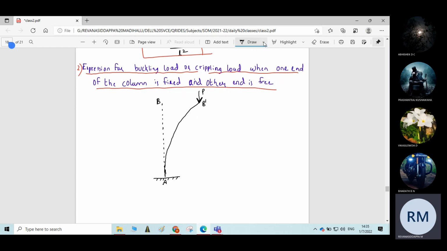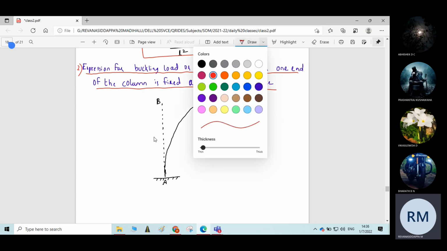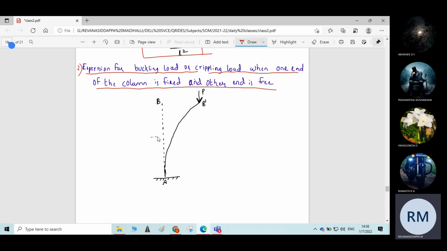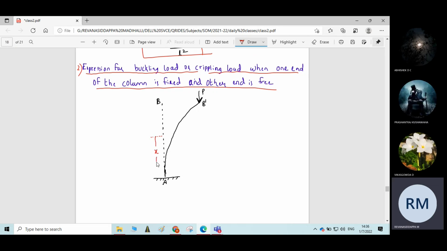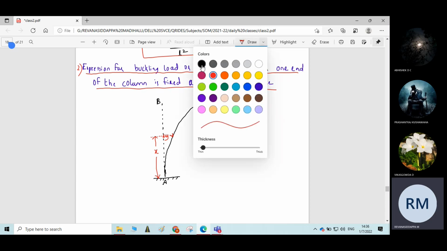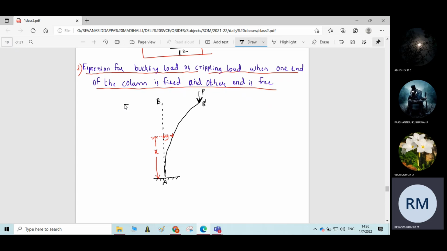Similarly here also, as in the previous derivation, you consider a section of the column at a distance X, where the deflection is Y. As I said, the principle behind the derivation is the same, but the conditions are different. L is the original length of the column.